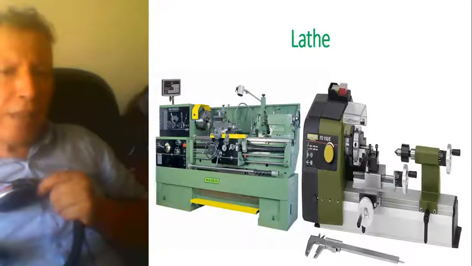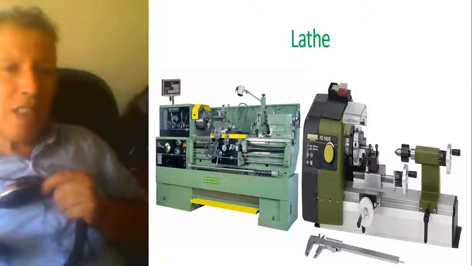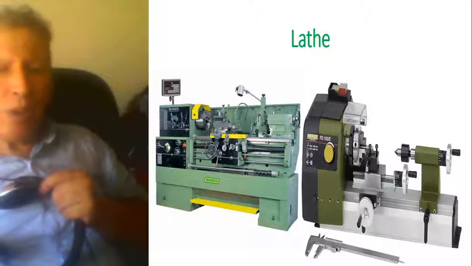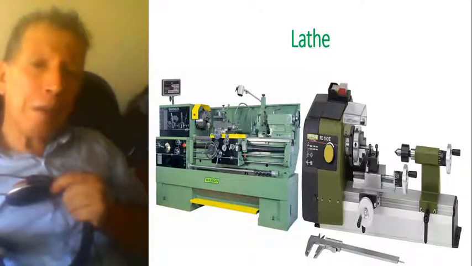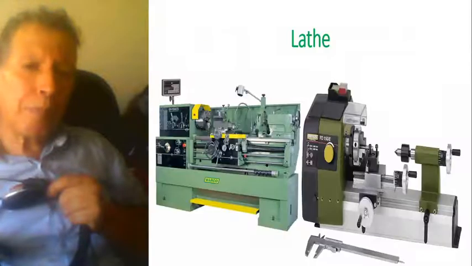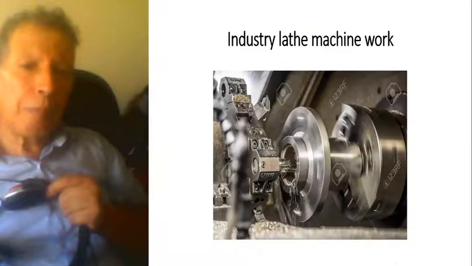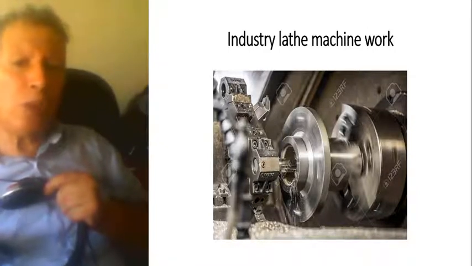This is a lathe. To the left is a big size lathe, whereas the one on the right is a small size for high precision turning. Yes, this is a lathe machine at work.